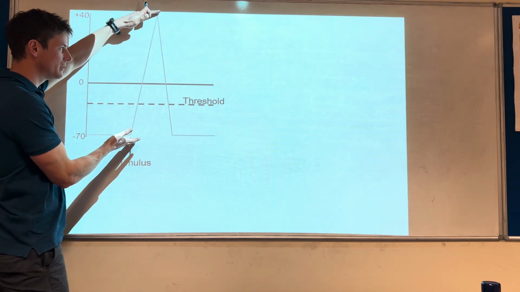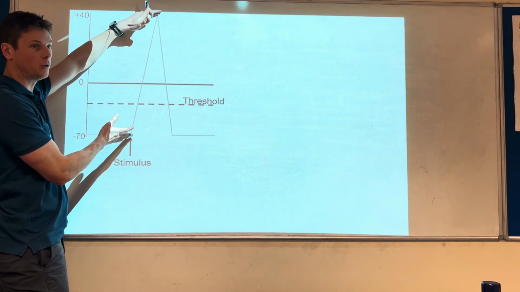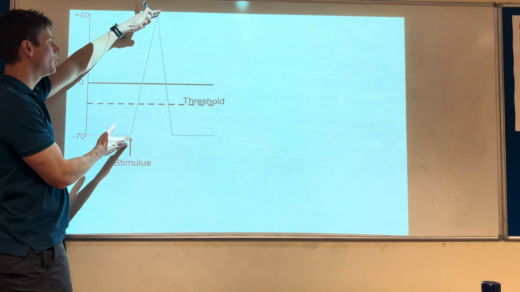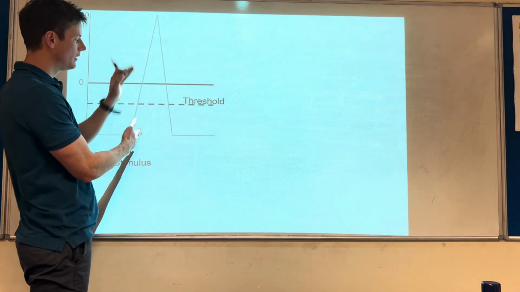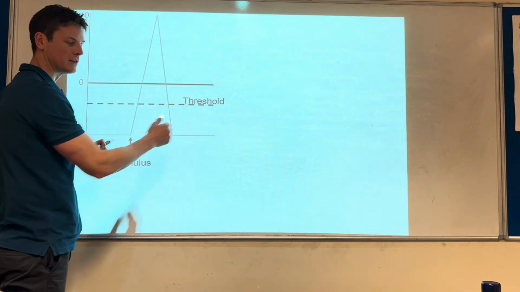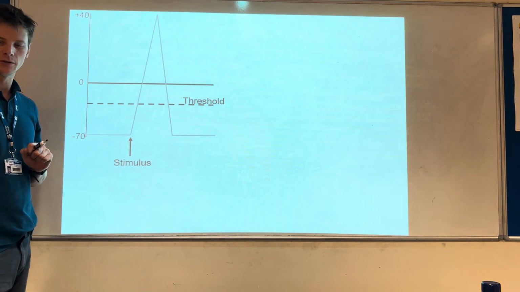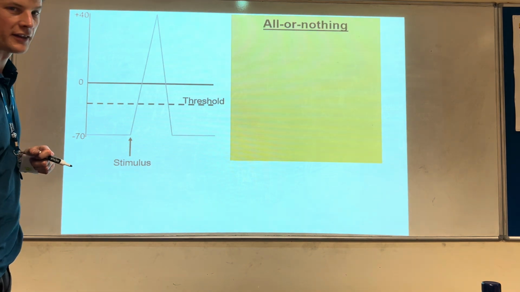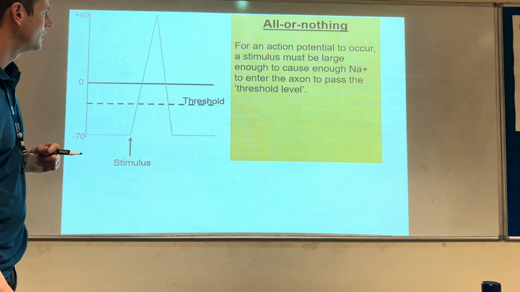The amplitude for any action potential is always the same. So a large stimulus will not produce a larger amplitude, but instead more frequent action potentials. And we call this the all or nothing principle.